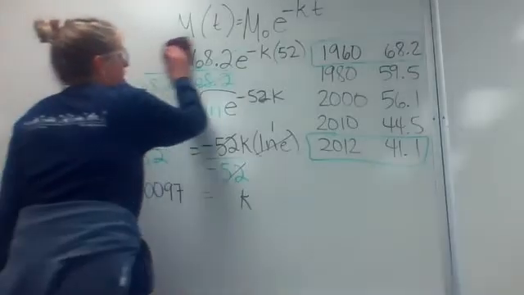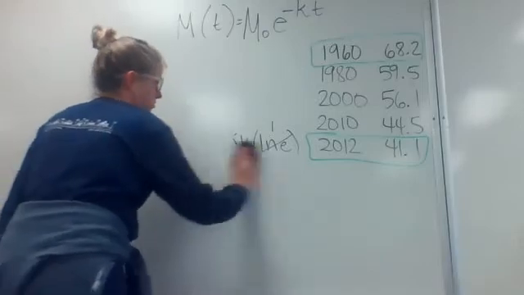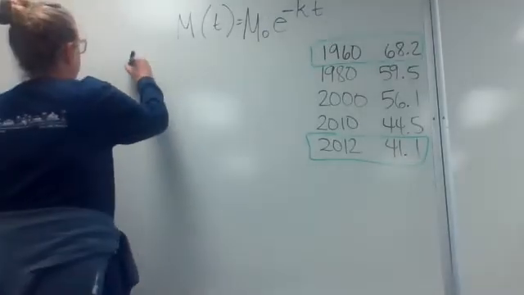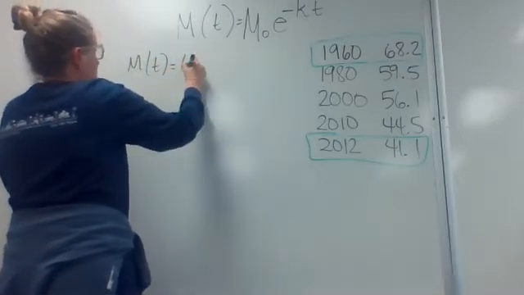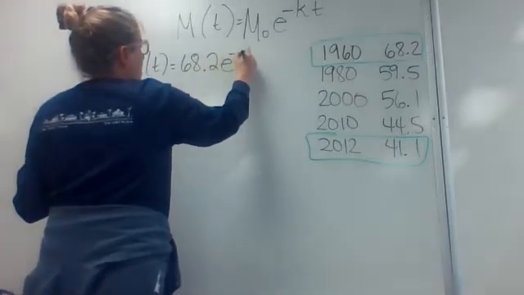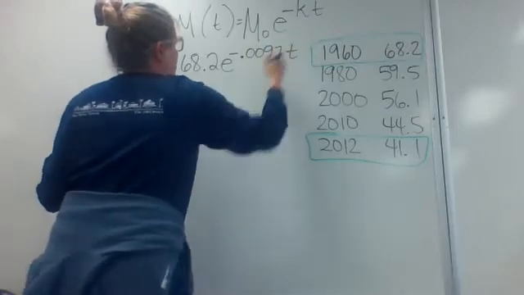So I'm going to go ahead and write that up here because that's what we're going to use. So the beginning is 68.2 e to the negative, that's where your 0.0097 comes in, t.